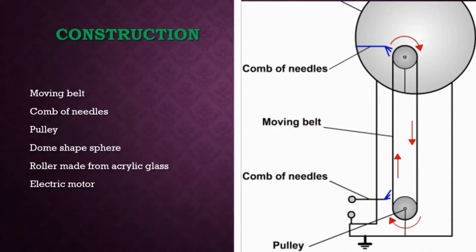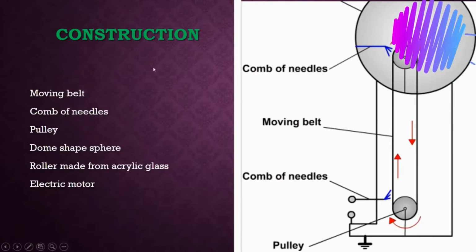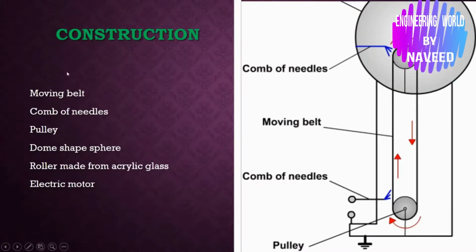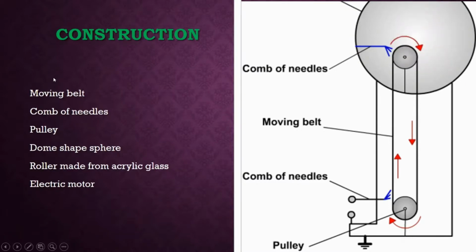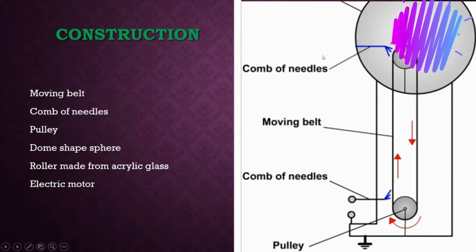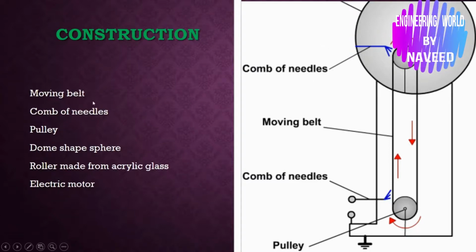So this is the construction of Van de Graaff generator. These are the apparatus, or the parts, of Van de Graaff generator. We use the moving belt. This is the moving belt which moves on pulleys. These are the two pulleys which we use here.